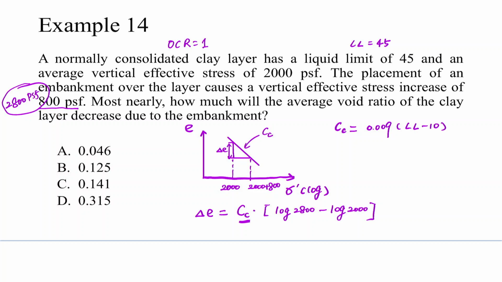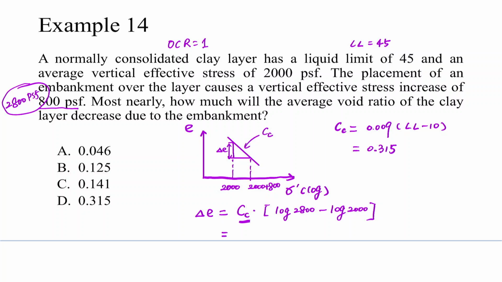Again, this is an empirical equation. You would typically get C sub C and C sub S, or C sub R, from a 1D consolidation test in the lab, but this happens to be the empirical equation from the reference manual. Based on that, our C sub C is 0.315.